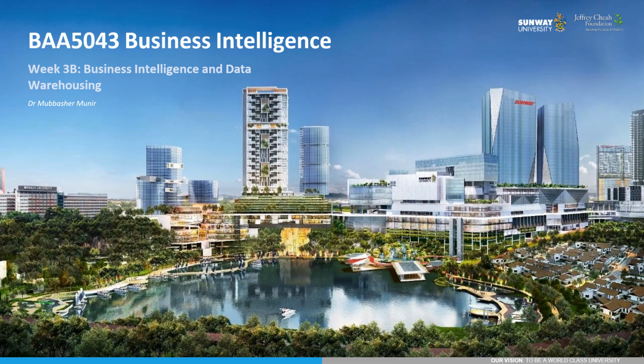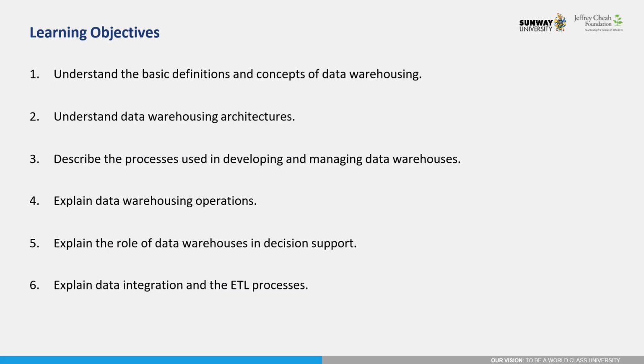This lecture is related to BI and data warehouses. We are learning today about the basic understanding of data warehouses and also how the data warehouse architecture actually works. We will also learn how the different kinds of processes of data warehouses we can deal with, and the operation side, which is how the ETL process works.